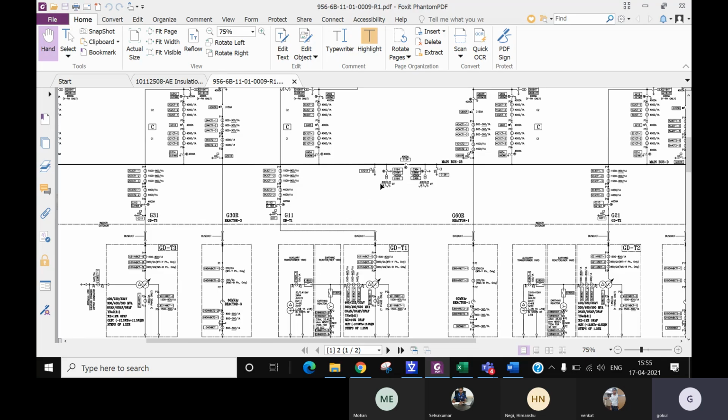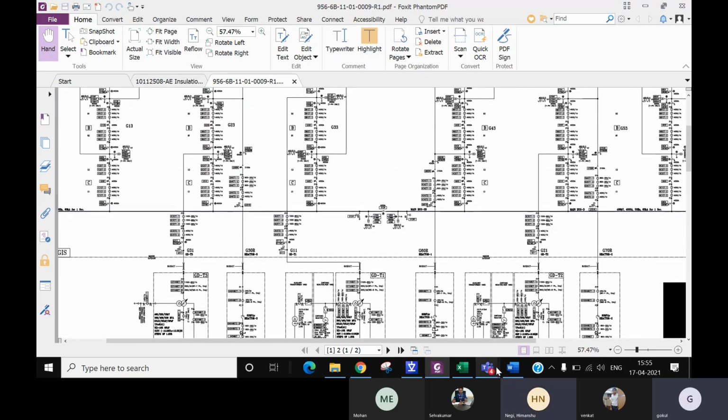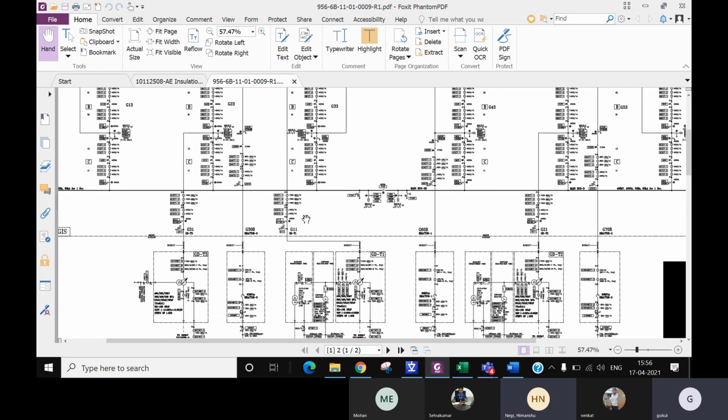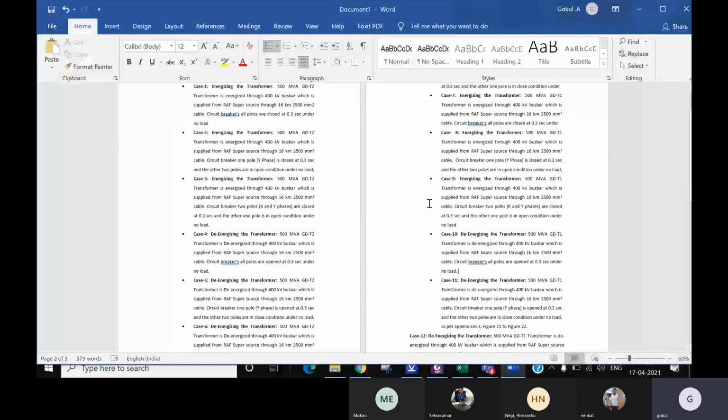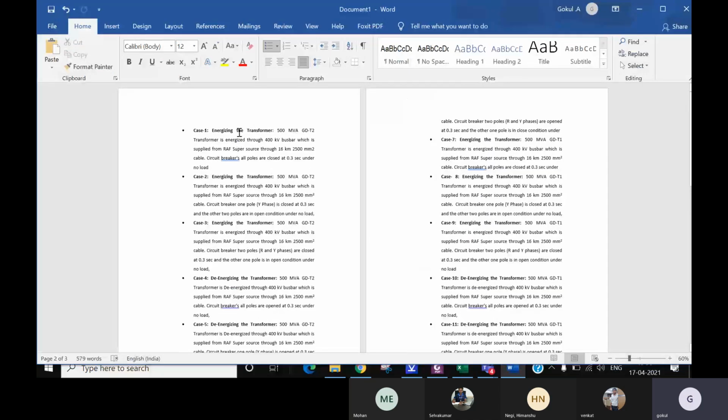So we can see the basic model and the cases which we have created for this particular system, for this SLD. VT and transformer will be everywhere, and based on your system, you have to do the configuration of the cases. I'll show you that. So these are the cases which we have arrived at.